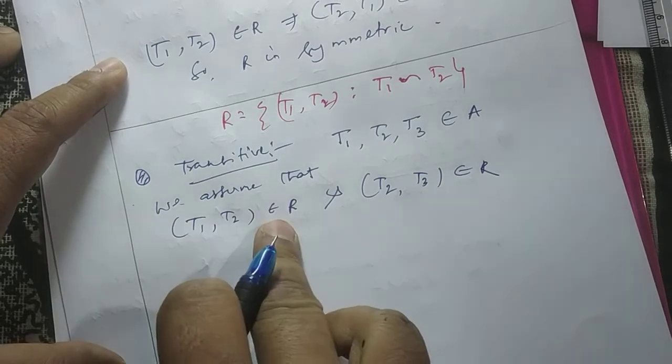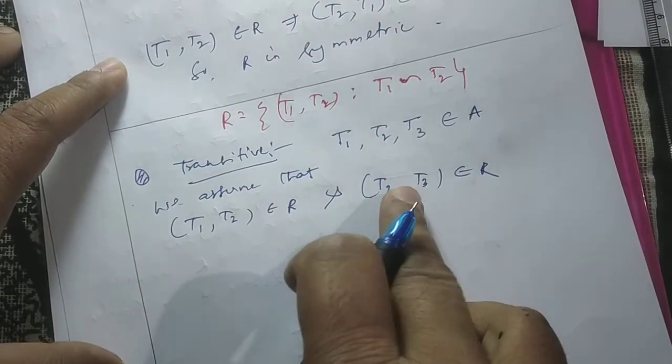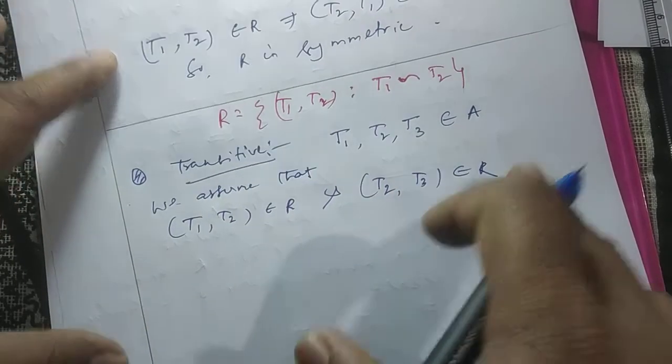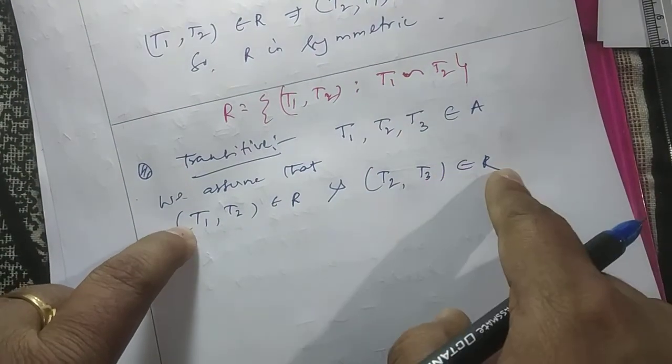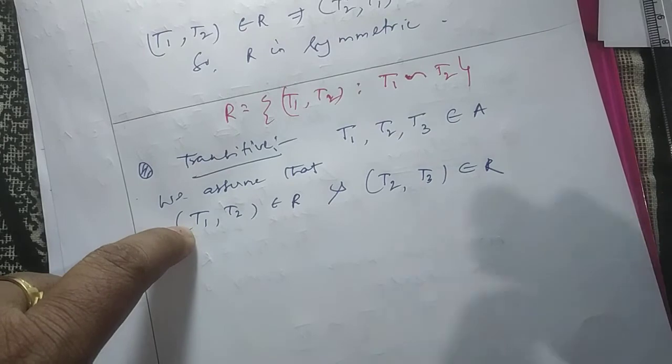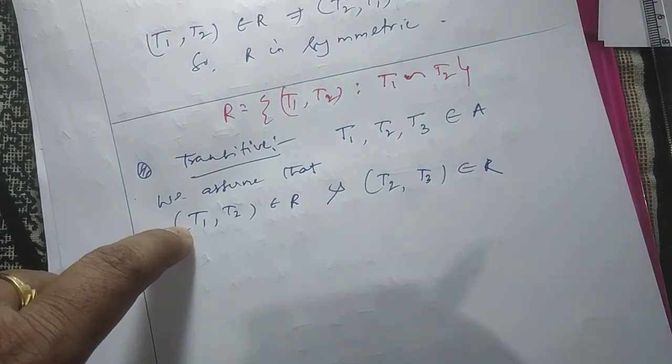Let (T1, T2) belongs to R. Also (T2, T3) belongs to R. From here, if somehow we can check (T1, T3) also belongs to R, then we can say R will be transitive.